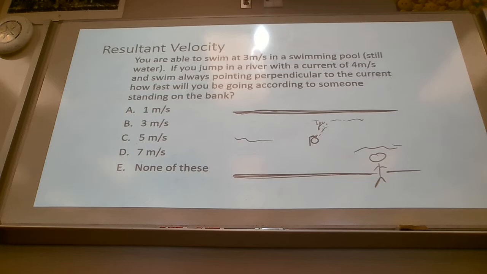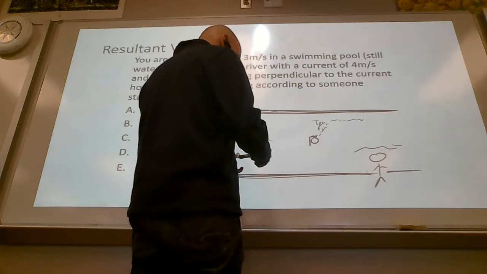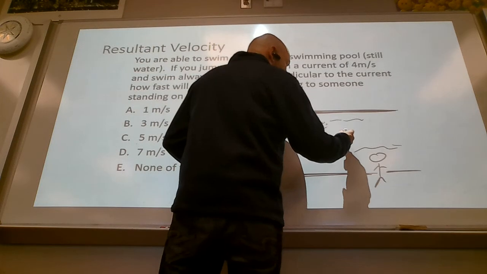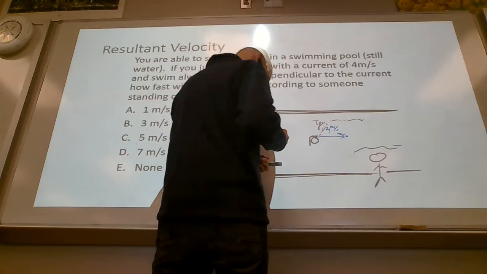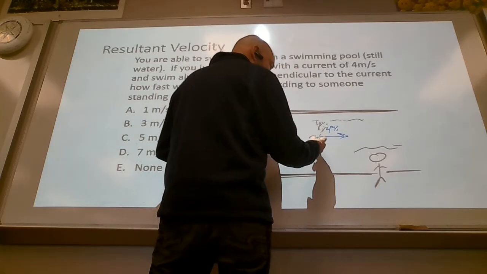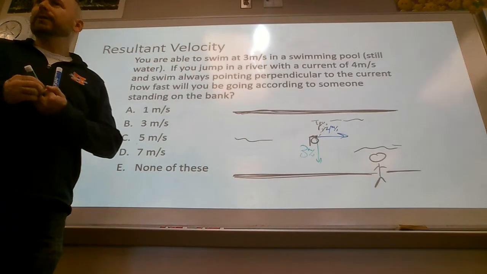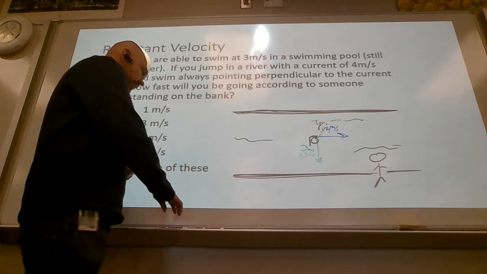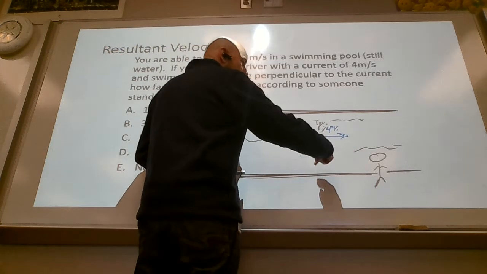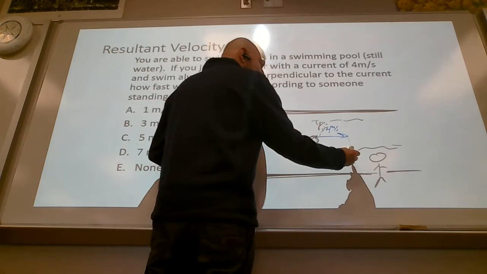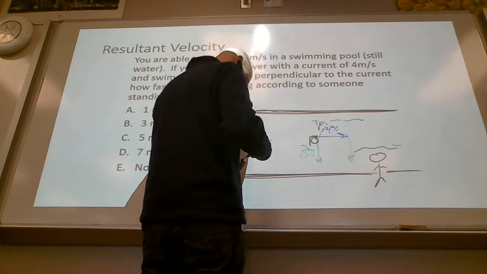Correct answer is C. So 4 meters per second going that way, and you're swimming this way at 3 meters per second. You want to find the resultant velocity. Please do not forget to cut and paste first, like don't do this, but then do this.